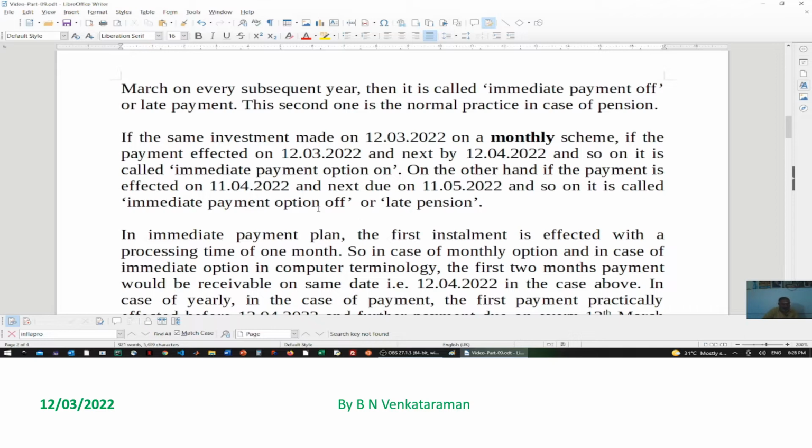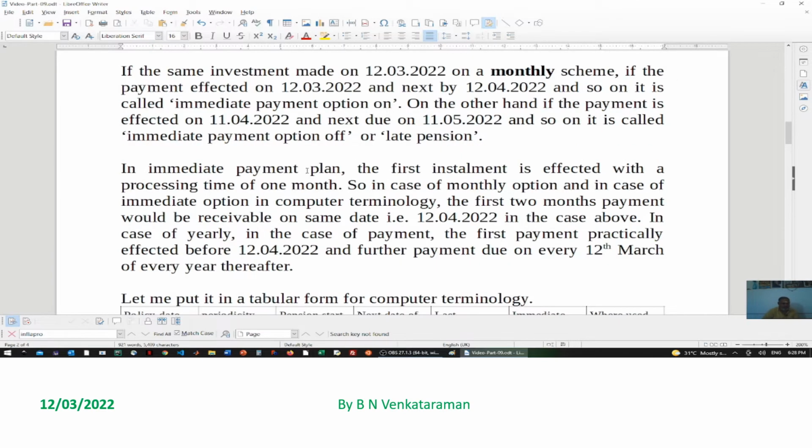or late pension. In an immediate payment plan, the first installment is effected with a processing time of 1 month. So in the case of the monthly option with immediate option in computer terminology, the first 2 months' payments would be receivable on the same date, that is 12th April 2022 in the case above.